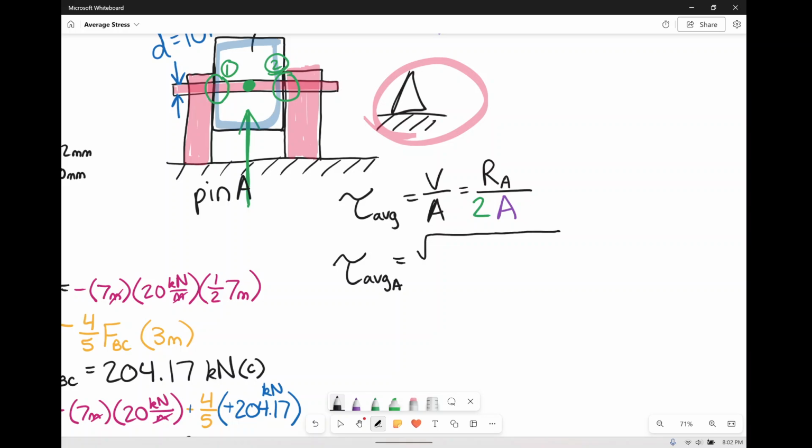So the square root of the y component, which is 23.33 squared, plus the x component, which is 122.5 squared. Now you might be saying, oh, one of them's negative. When you square the negative, it goes away. Yes, it's okay.